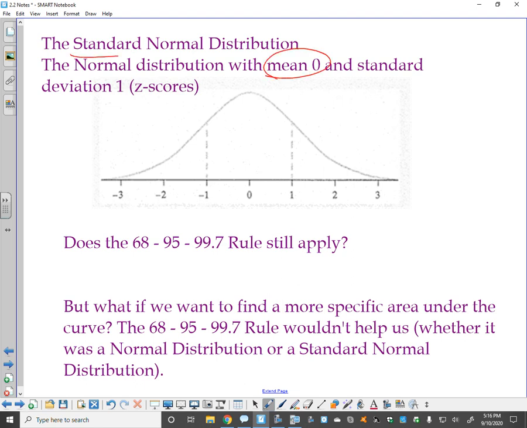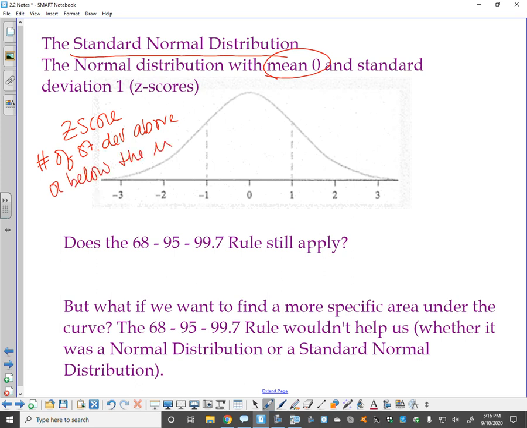If you are the standard normal distribution, then we are talking z-score. The z-score is the number of standard deviations above or below the mean. Well, if your z-score is the number of standard deviations above or below the mean, then what would this z-score be?